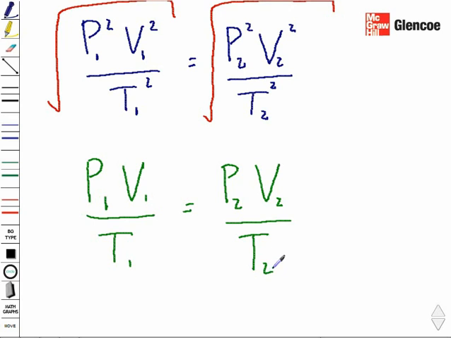And this still shows pressure and volume have an inverse relationship, pressure and temperature have a direct relationship, and volume and temperature have a direct relationship.